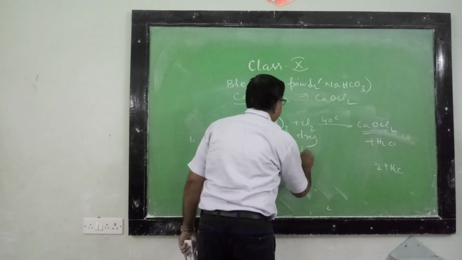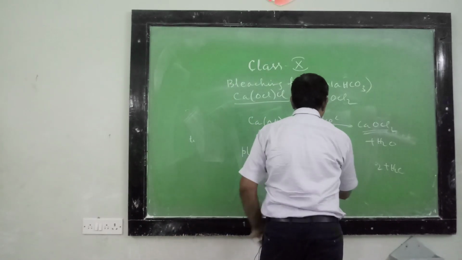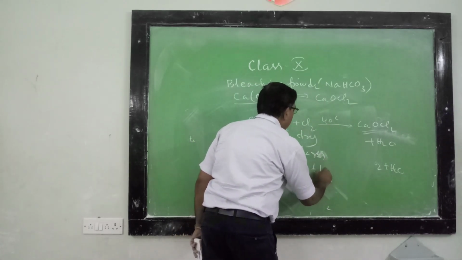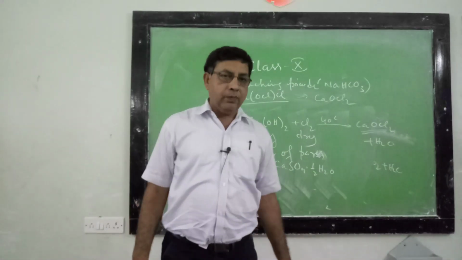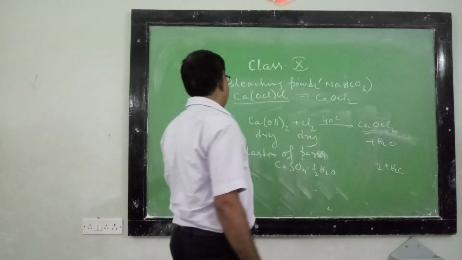The last compound in your syllabus is plaster of Paris. What is the formula of plaster of Paris? The formula is CaSO4.1/2H2O. This is known as calcium sulfate hemihydrate.